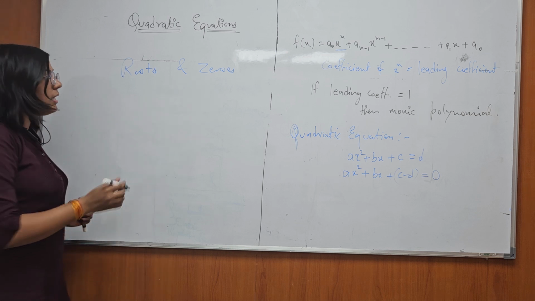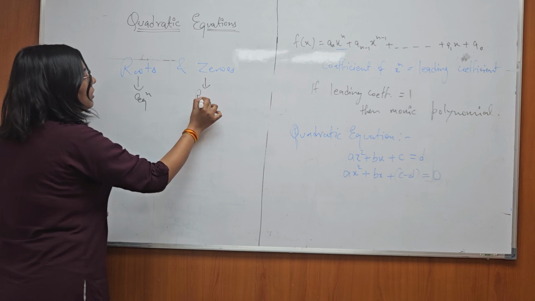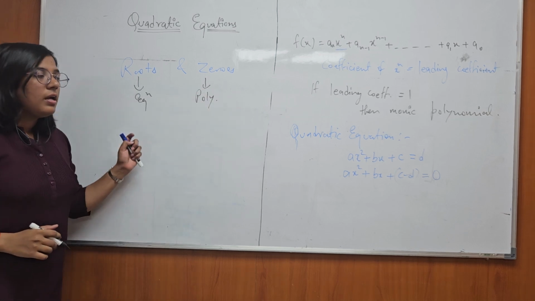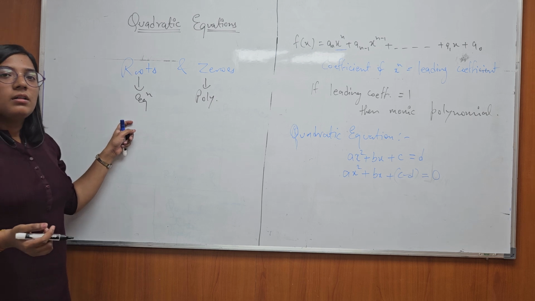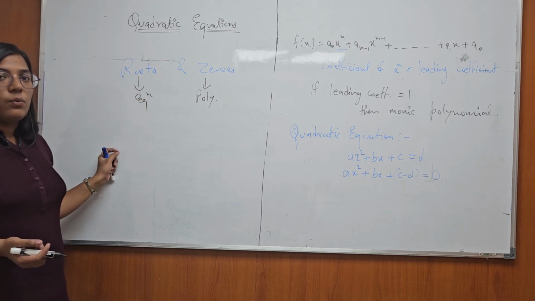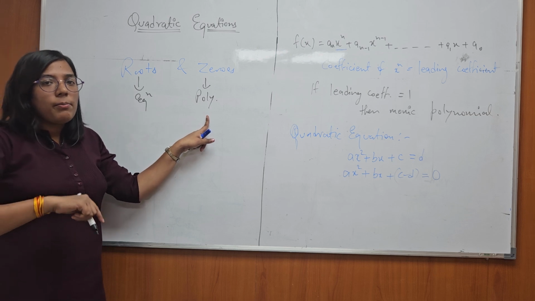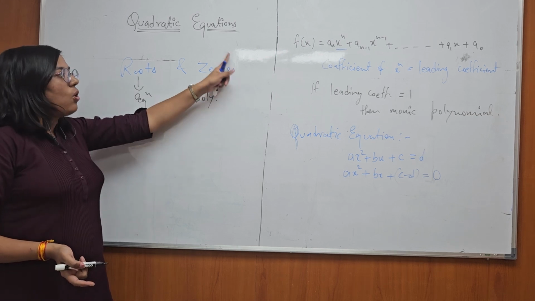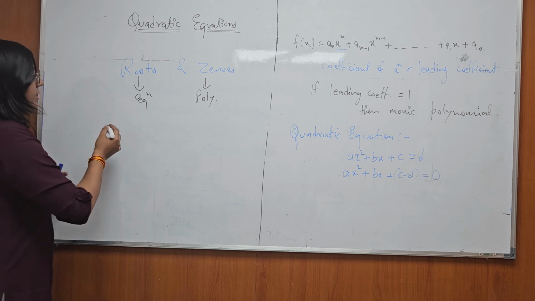Though they are the same thing, if there are values of variables that satisfy an equation, then they are called roots of the equation. If there are some values of the variable for which polynomial becomes 0, then we call it zero of a polynomial.